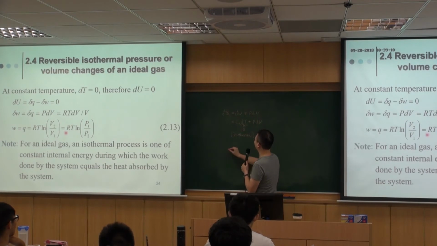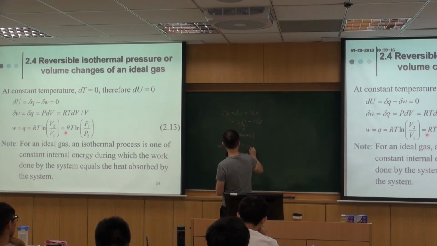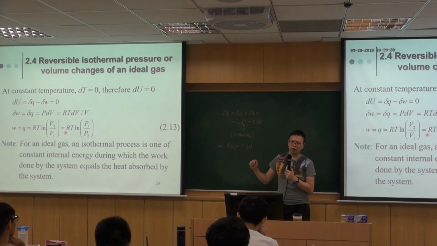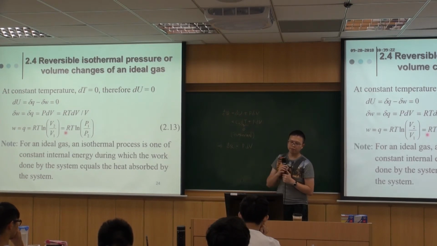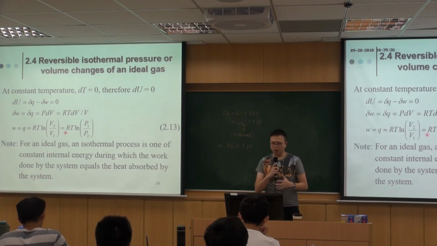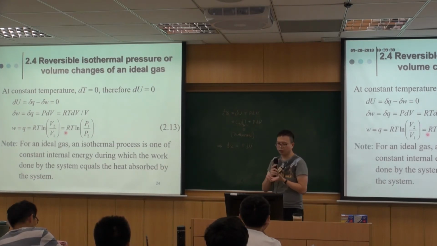So in the end, we will have our exchange of heat equal to the work done by the system. So imagine that for an isothermal process, the internal energy of the system is also constant.